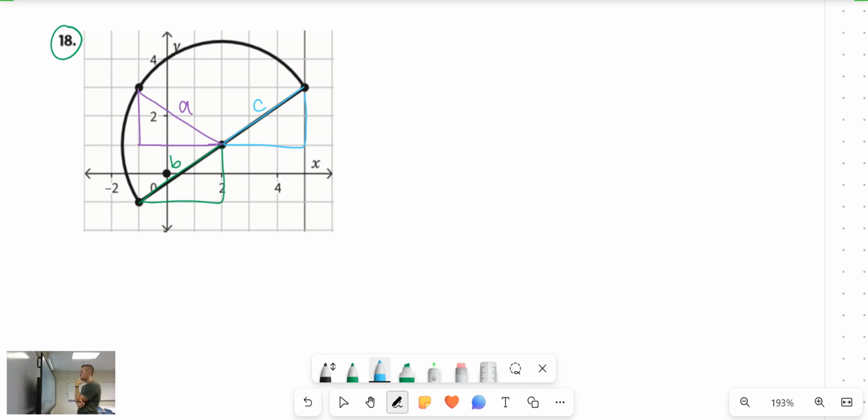We know that it's a circle, right? Or that the curved line is in fact a circle. And we know that the center of the circle is that point. All right, so let's do it.